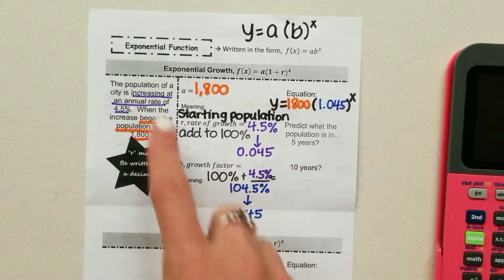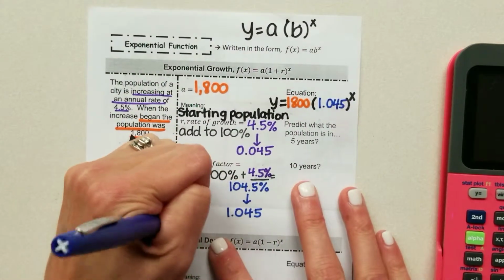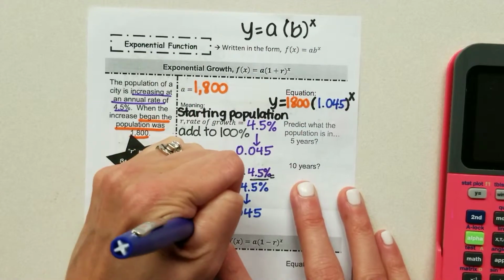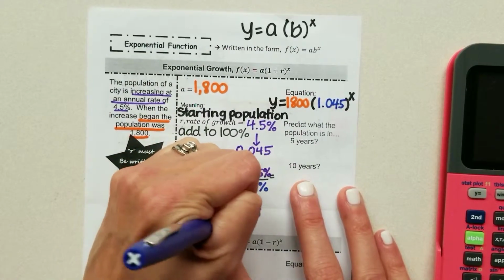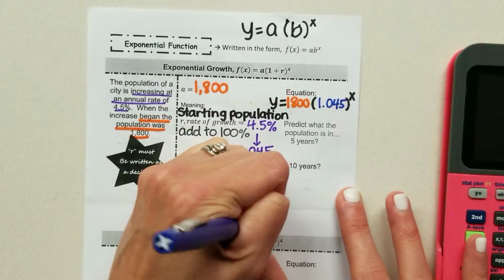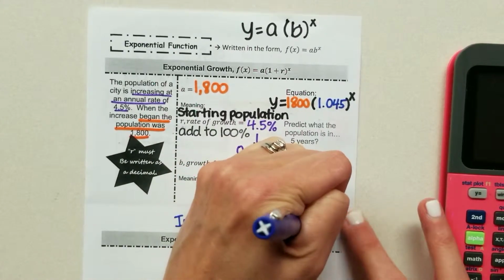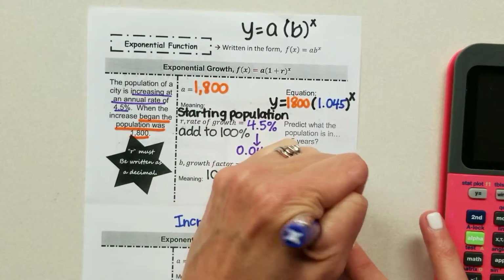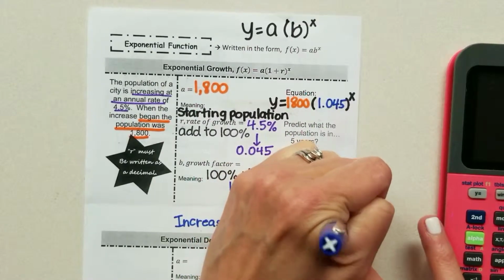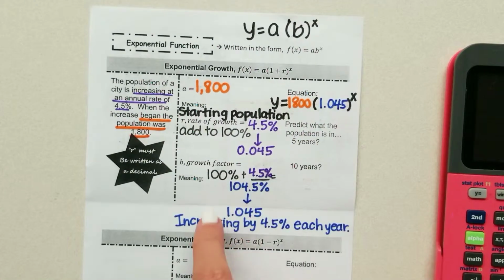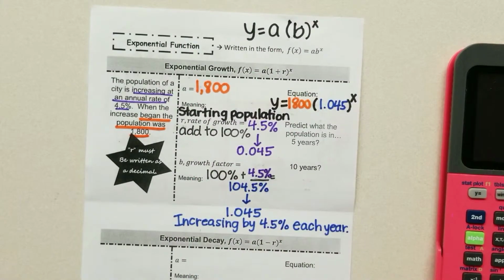And we're just going to say that we were increasing by 4.5% each year, because that's what annual means, each year. So when you want to talk about or describe the meaning of your growth factor, it's the percentage that you were going up by. What were you increasing by? Okay, that's how you can interpret your growth factor.